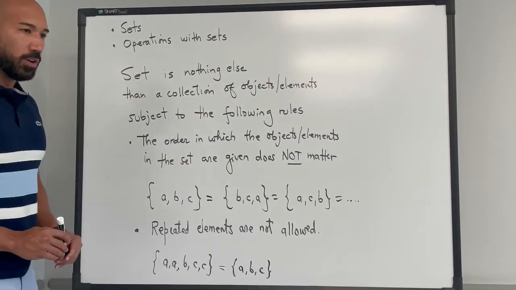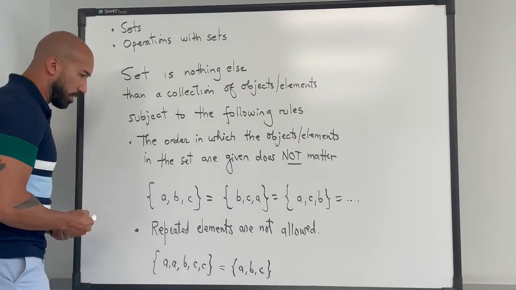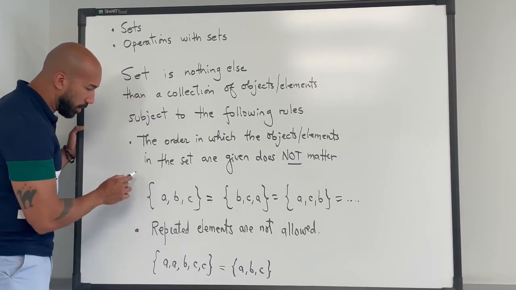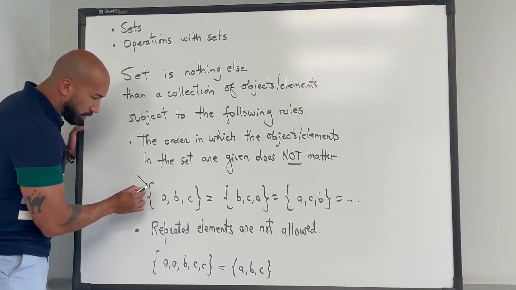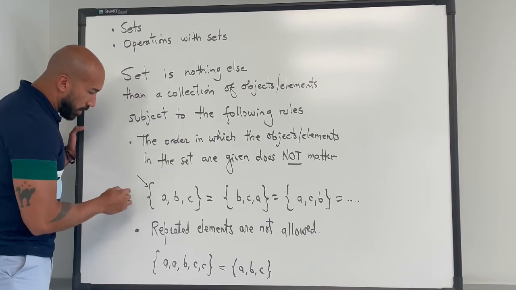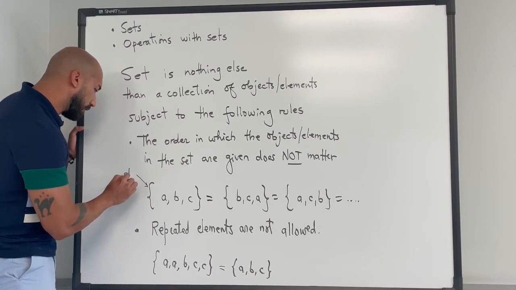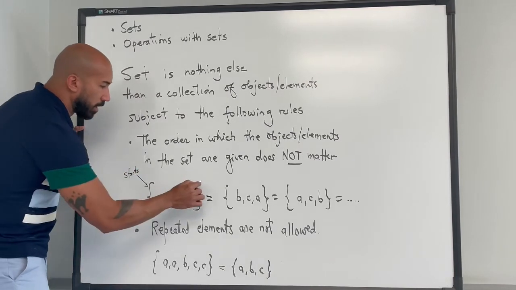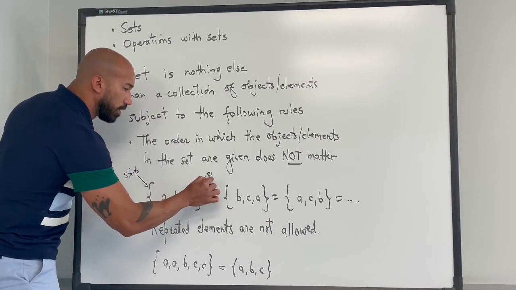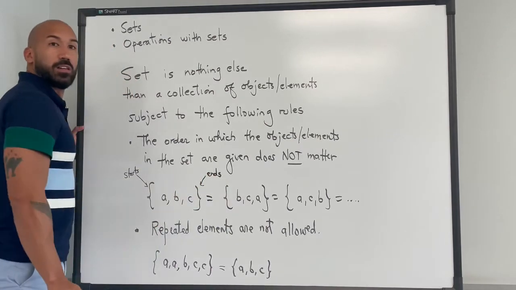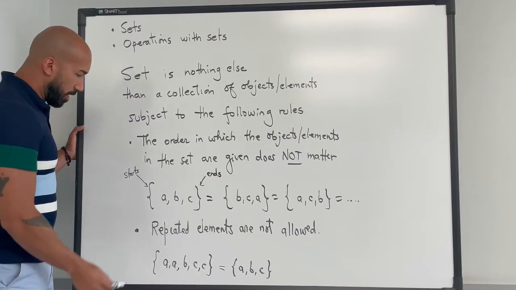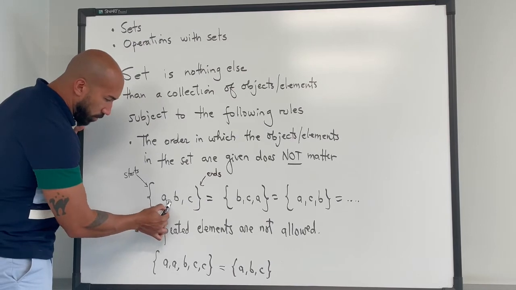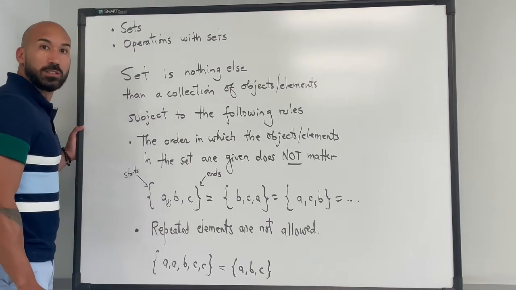The other important thing here is the basic notation that we are going to use for the set. Always we are going to use a curly brace to indicate where the set starts and another one to indicate where the set ends. And we are going to separate two different elements using a comma.